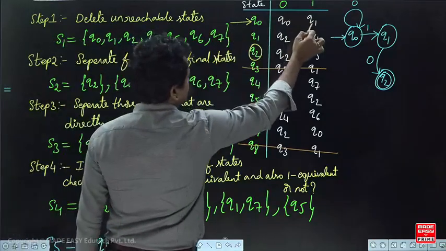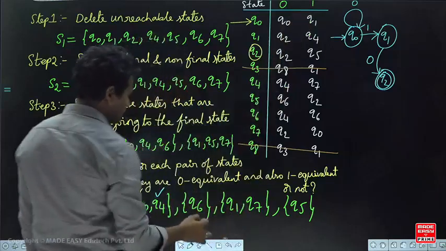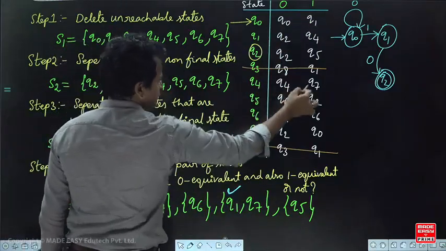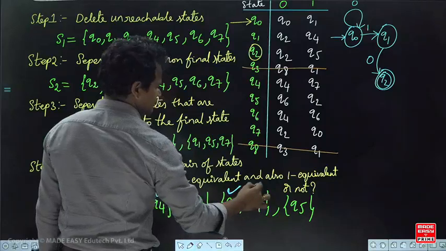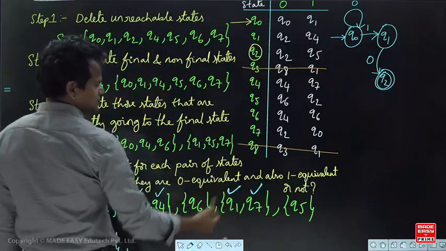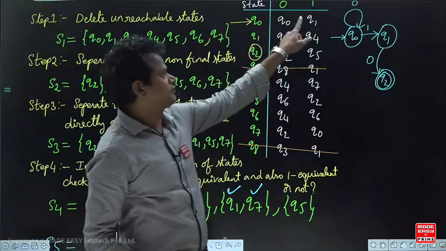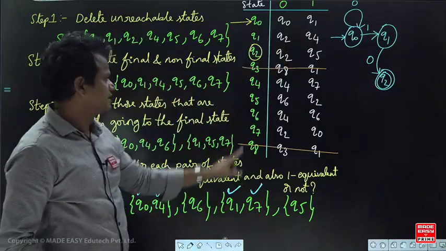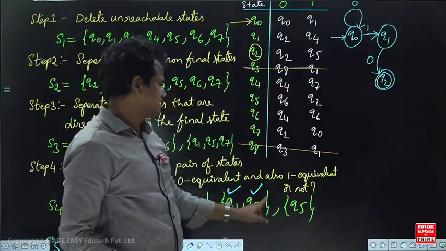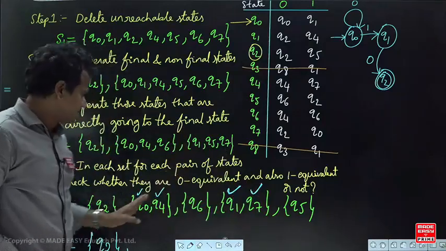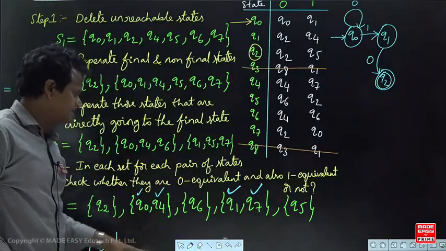Q0 on 1 gives Q1, and Q4 on 1 gives Q7. Both outputs are in the same set for input 1, and for input 0 both are in the same set.